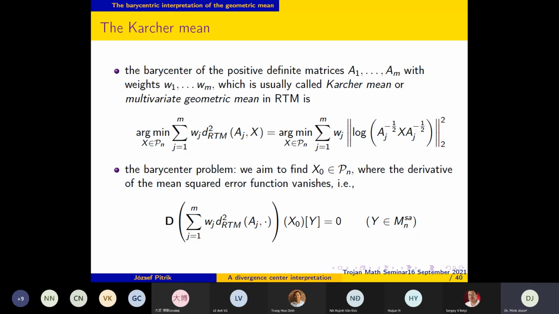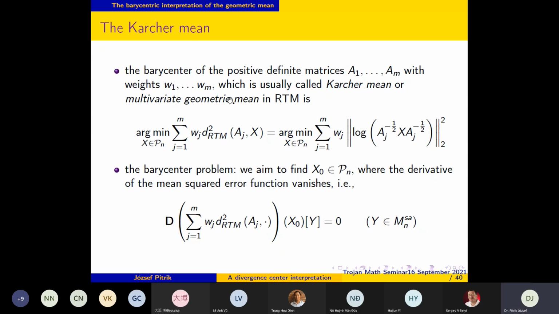A breakthrough happened when Ando, Li, and Mathias in 2004 proposed an iteration method to define a multivariable geometric mean. That paper was followed by the papers of Moakher, and of Bhatia and Holbrook, where the Riemannian geometry method was proposed to extend the geometric mean to multivariables.